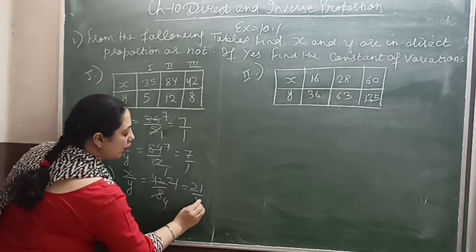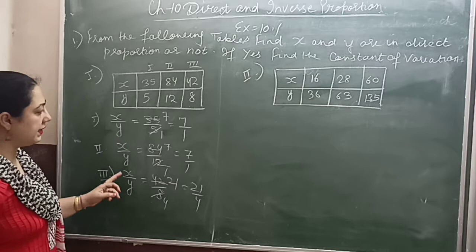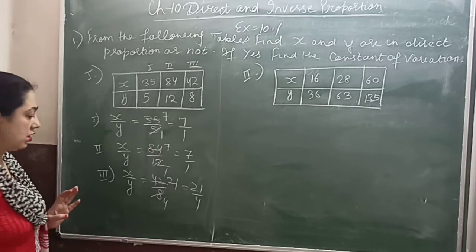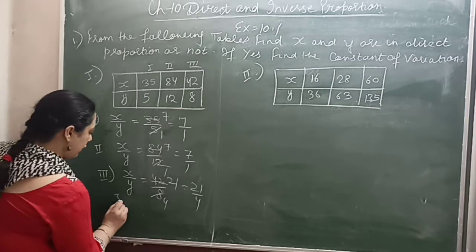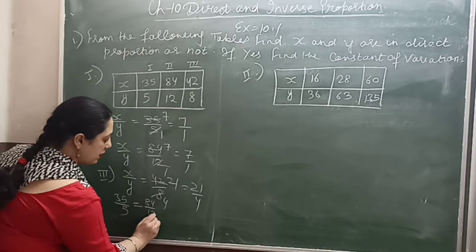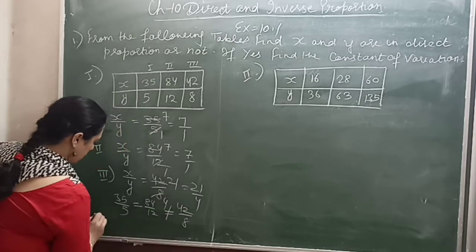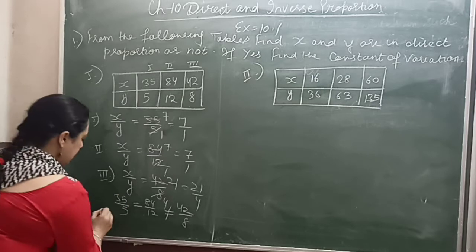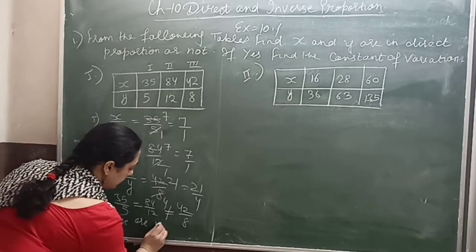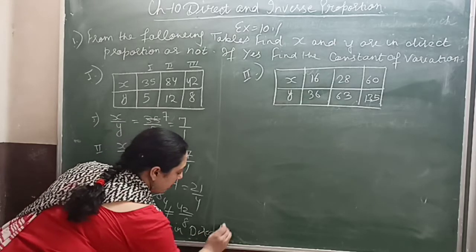It is 21 over 4. Now from these three ratios, we find that the first ratio is equal to the second ratio, but the third one is not equal. So we write 35 over 5 is equal to 84 over 12, but it is not equal to 42 over 8. So these are not in direct proportion.